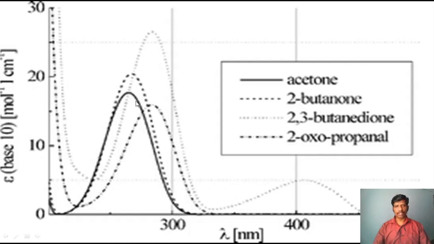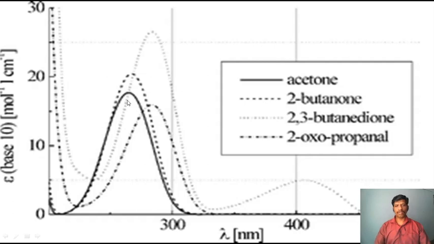That's what I say. This is acetone and this is butanone. You can see there will be a change in intensity and there will be a change in the wavelength. Both are possible. You can see here, right? From acetone to butanone, it has a hyperchromic shift.